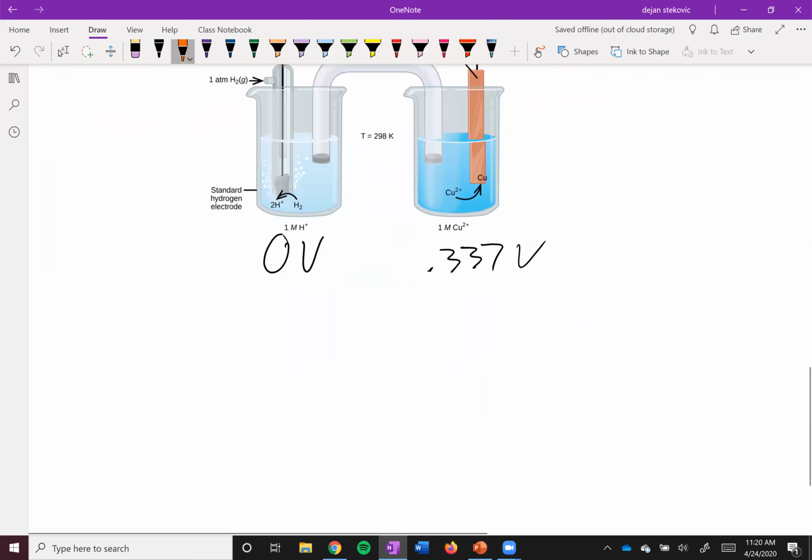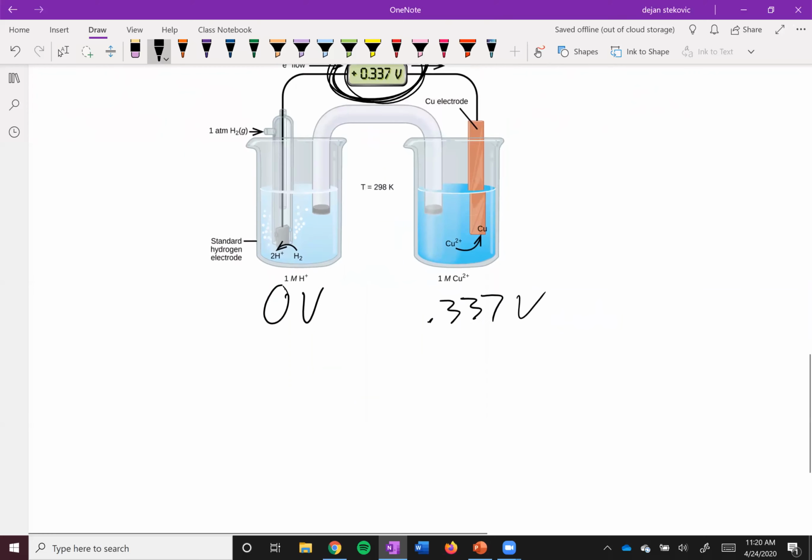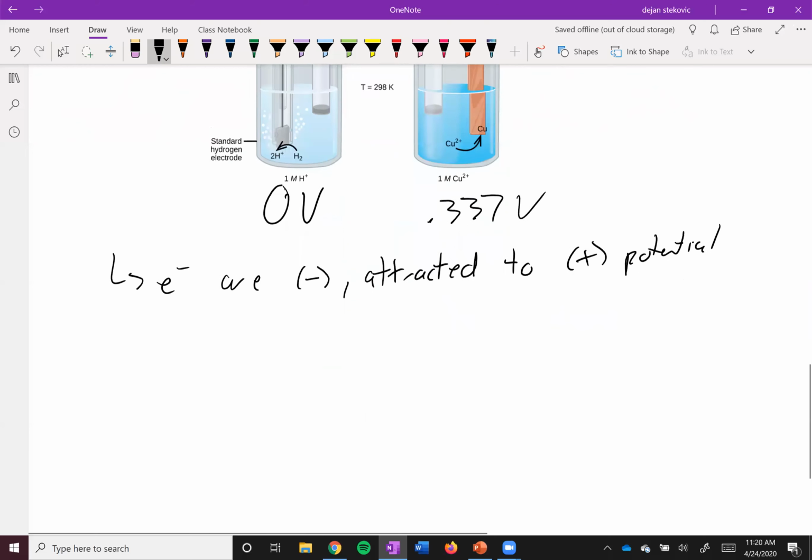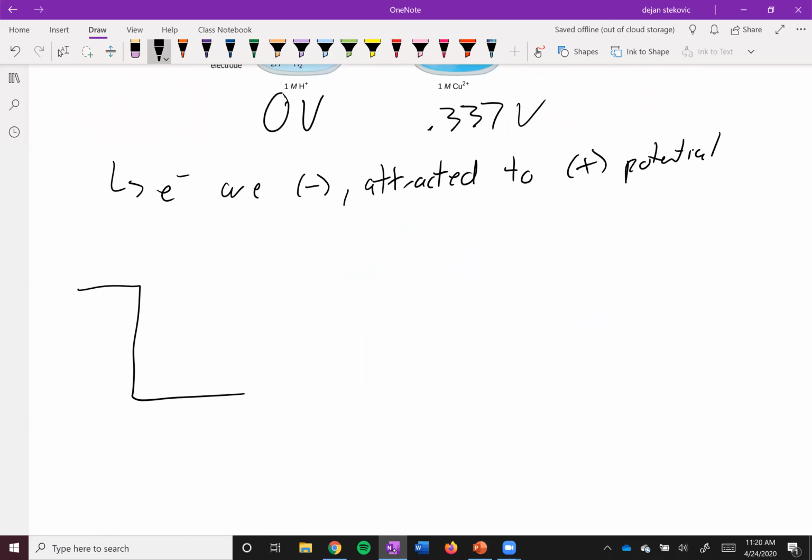And so one confusing thing that's going to come out of this is that electrons are negative, and so they're attracted to positive charge, or a positive potential. So when we're thinking about our little diagram here, our height, our electrons flowing through, you have to think about what this axis is.